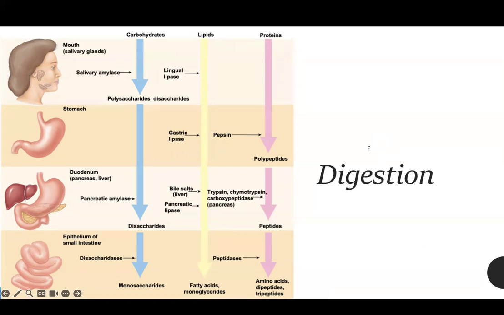When we break down carbohydrates into monosaccharides, we break down proteins into amino acids, nucleic acids into nucleotides, and lipids into fatty acids. All of this happens during digestion. So as we take in food, we digest it and break it down.